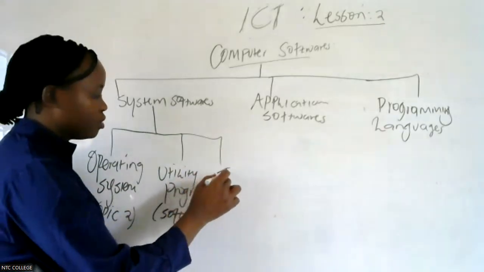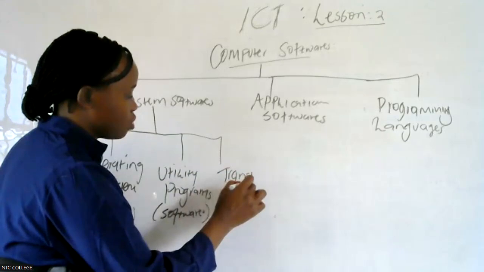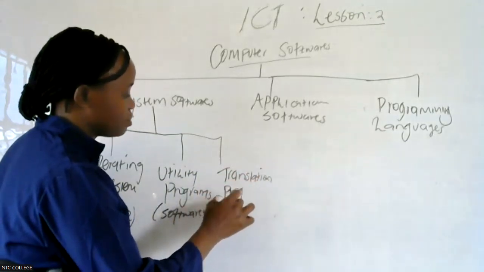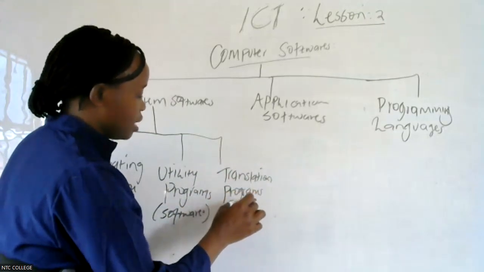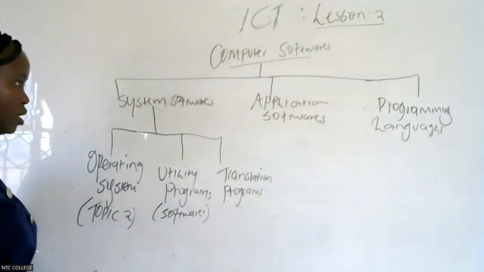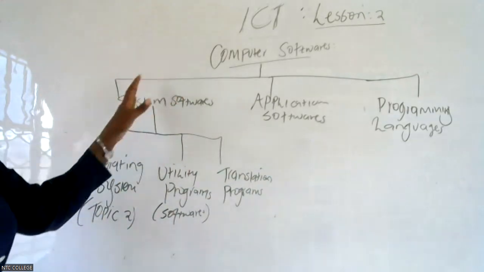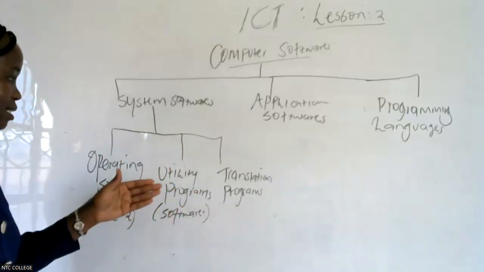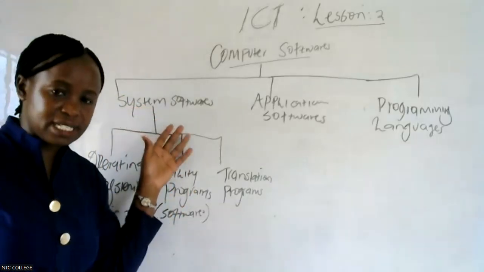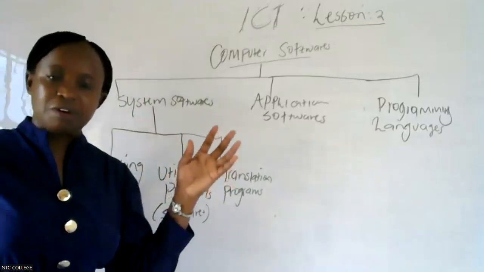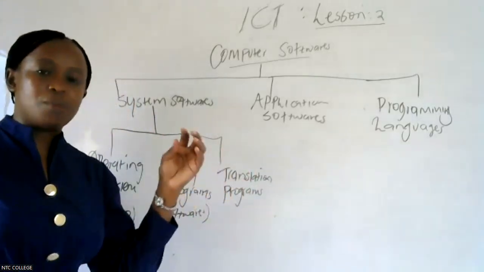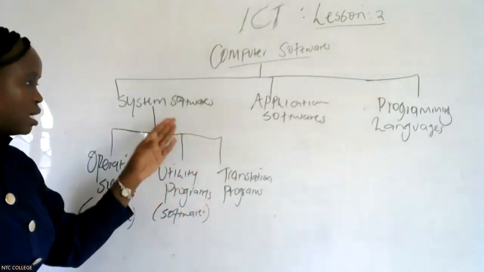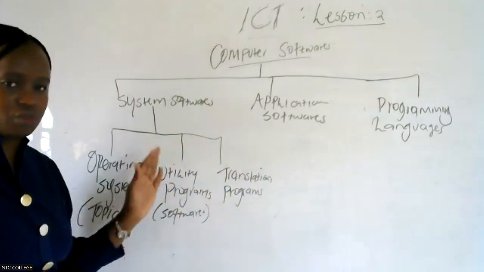Then we have in the machine what we call the translation programs. You can call them softwares as well. So from that category of system softwares, the ones which are tasked with the effectiveness, operation, running, execution, processing, or handling of instructions for a machine, we have these three types of softwares.